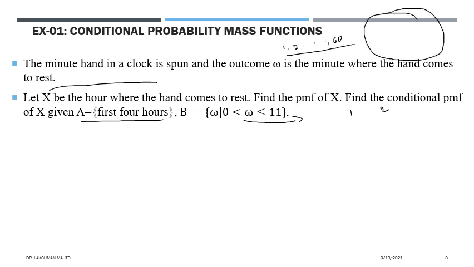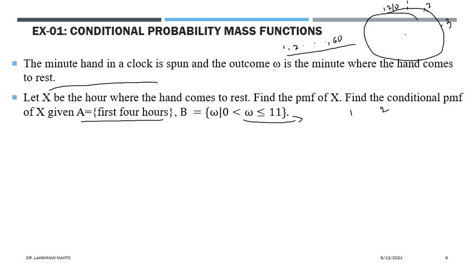So here this one is 12, counted as 12 or 0. This one is 1, this one is 2, this one is 3. If I am talking about 11 minutes, it will happen here. This would be 11 minutes. So we are talking this way.